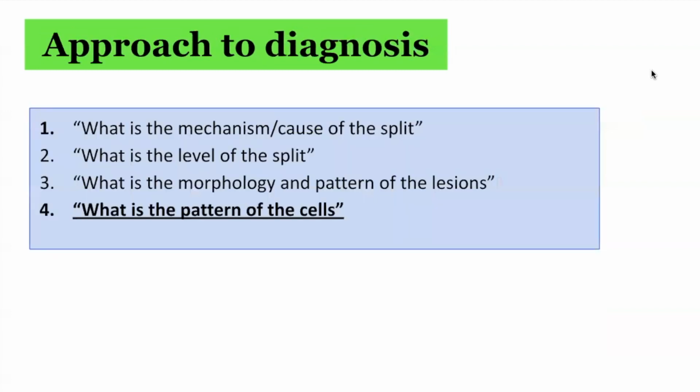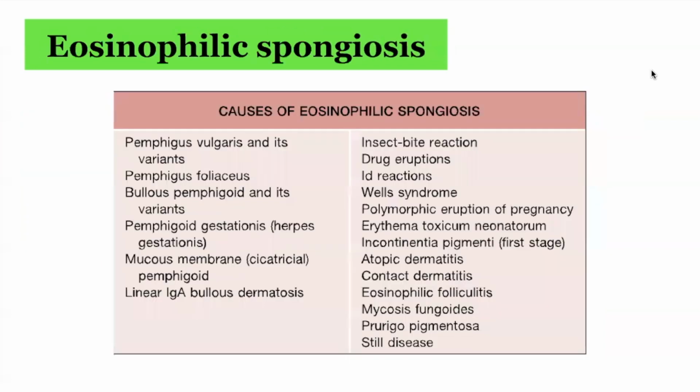The fourth question in our approach to diagnosis is, what is the pattern of the cells histologically? That's summarized by this table. In the blister, in the level of split, there may be the presence of eosinophils, and that can point you towards this specific set of differential diagnoses, including pemphigus vulgaris, pemphigus foliaceus, bullous pemphigoid, pemphigoid gestationis, mucous membrane pemphigoid, and linear IgA bullous dermatoses.